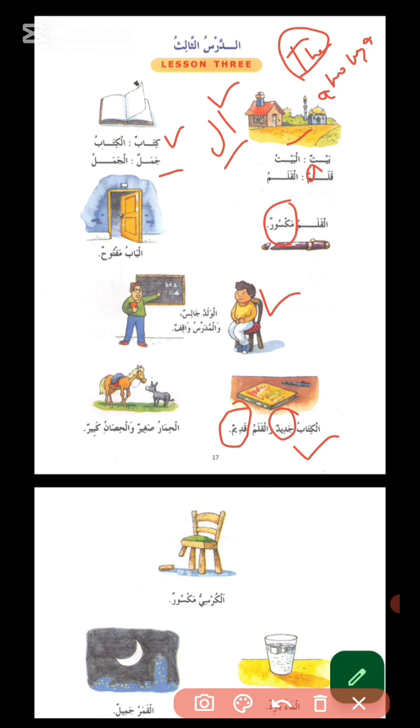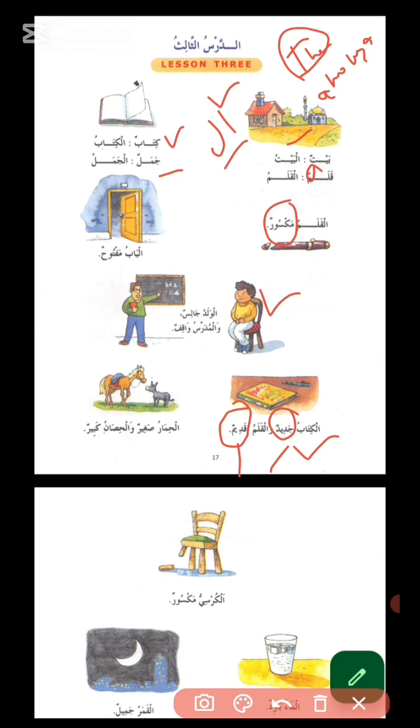So maksurun meaning should be a broken. But we should keep in mind that with adjectives we don't add the article a, or we can say that adjectives are exceptional from that rule. So likewise we will follow this rule in jadidun and qadimun, because they are also adjectives.